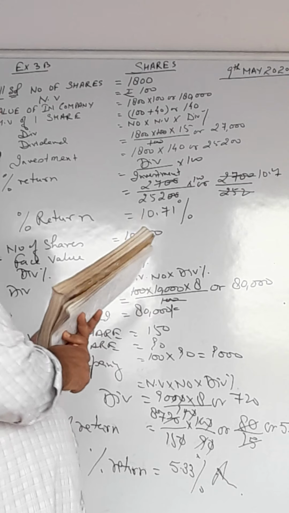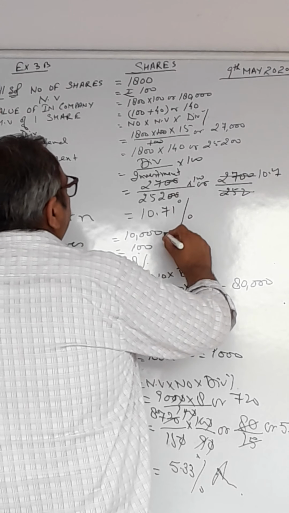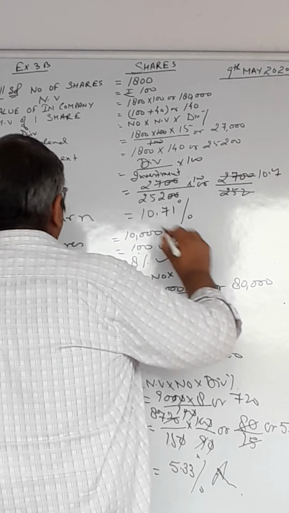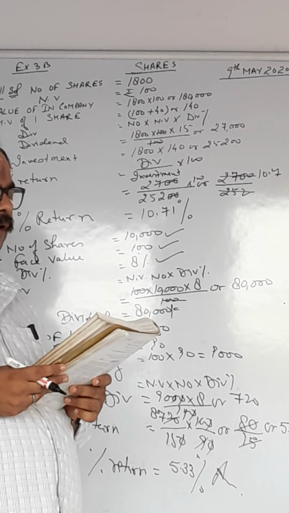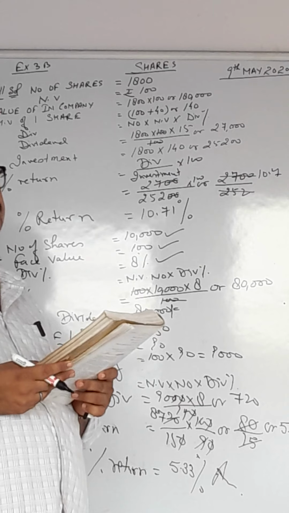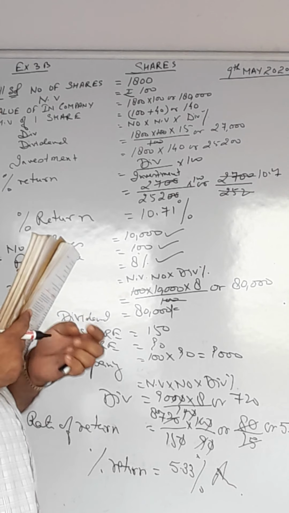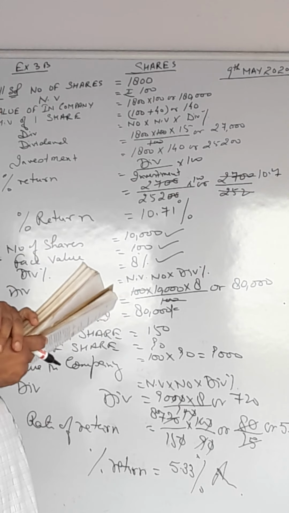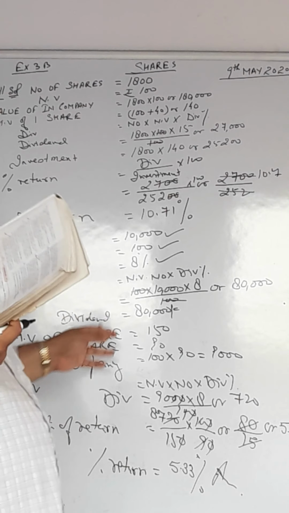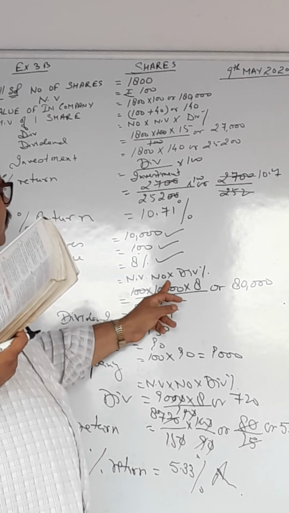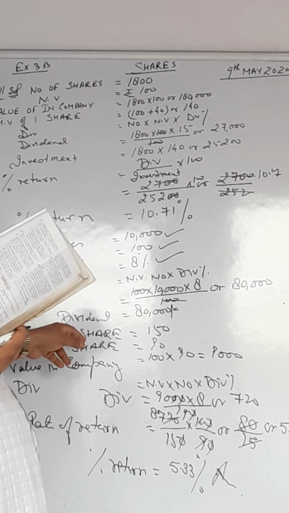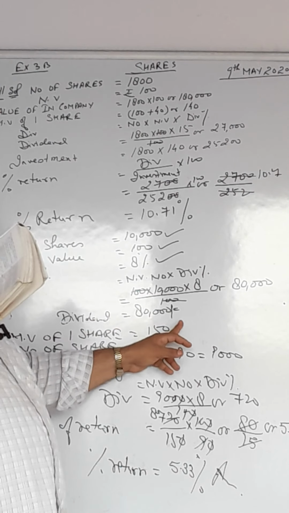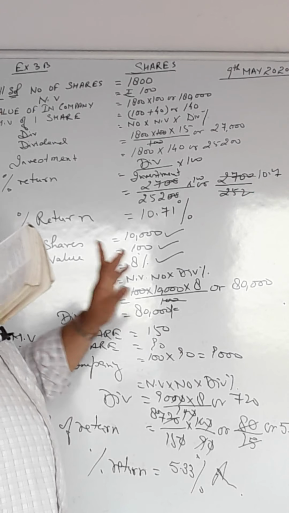First of all, while noting, you should know this value is correct, this is correct. Next, calculate the total amount of dividend paid by the company, same formula: nominal value, number of shares, into dividend percent. On calculating, the formula gives 80,000 rupees. After 1 year, this person will get 80,000 rupees from the company.